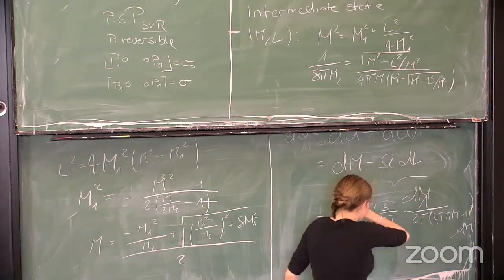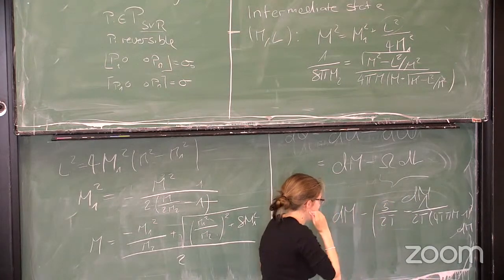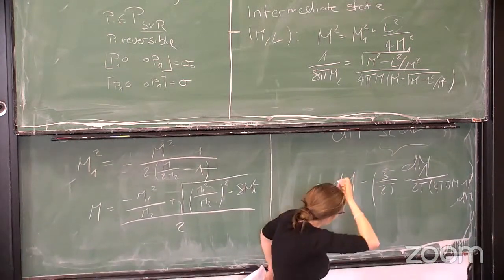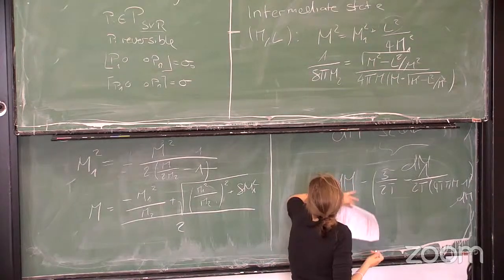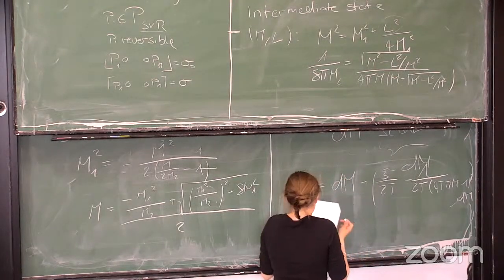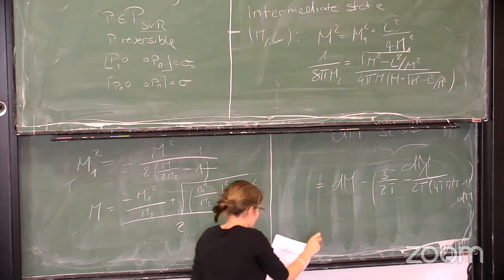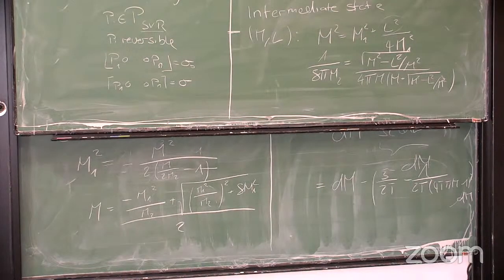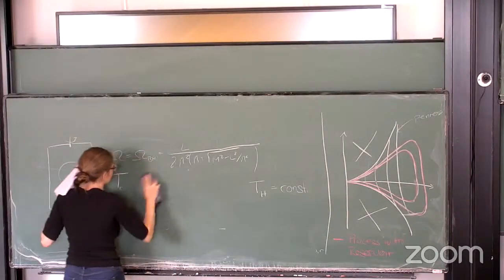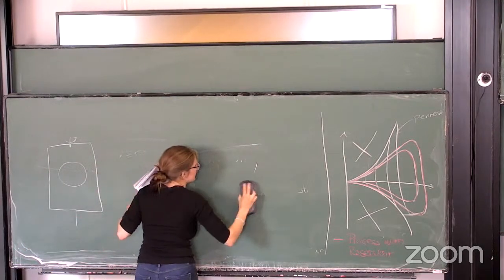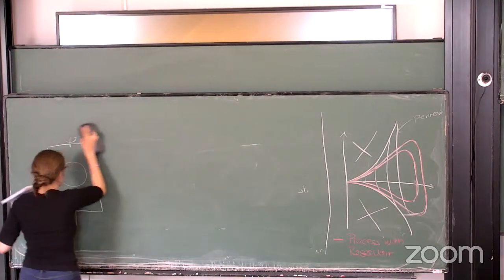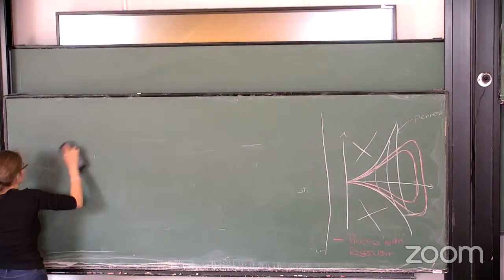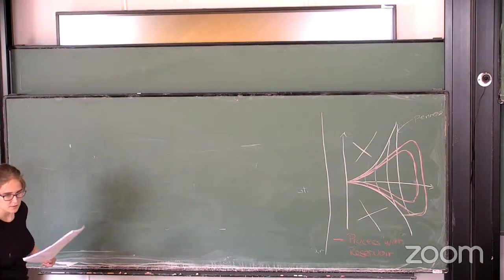so now we have everything. M to M2. So now that we have all the ingredients, we can perform the integration.